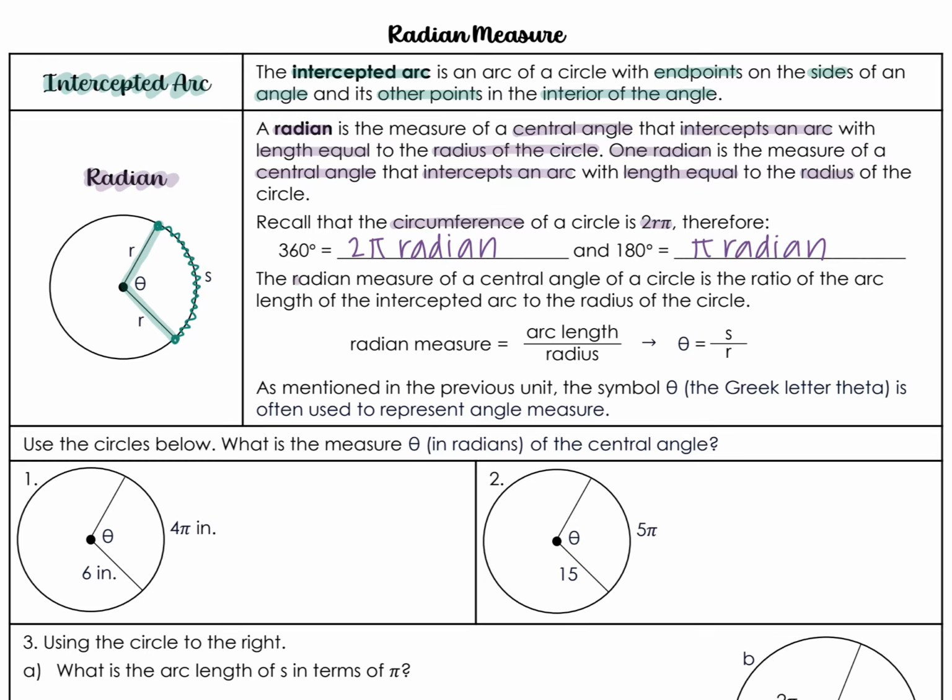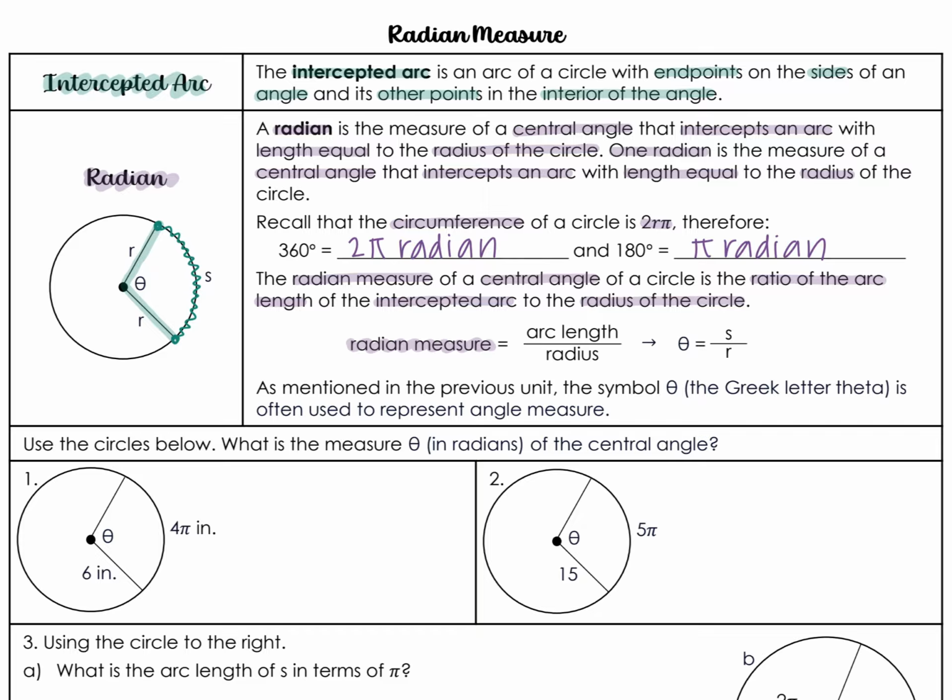The radian measure of a central angle of a circle is going to be the ratio of the arc length of your intercepted arc and the radius of the circle. Okay, so we have here that our radian measure is equal to the arc length divided by the radius.